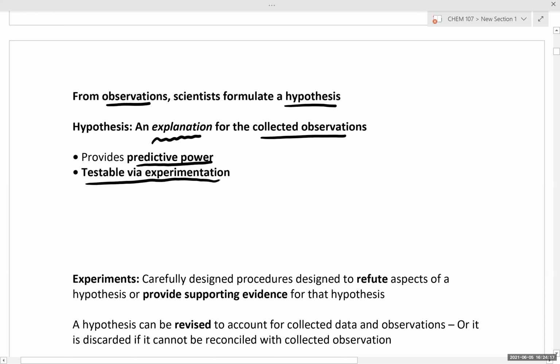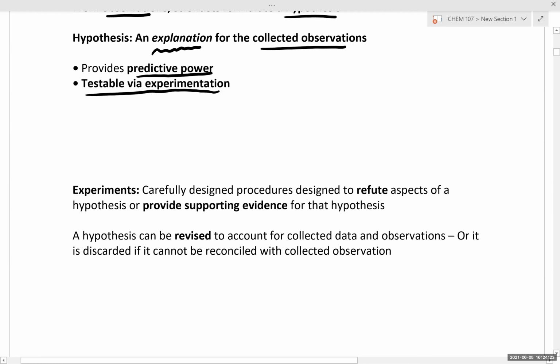Now, how exactly do we go about testing a hypothesis? So to do that, we design experiments. And experiments are carefully designed procedures aimed to refute aspects of a hypothesis or provide supporting evidence for that hypothesis.